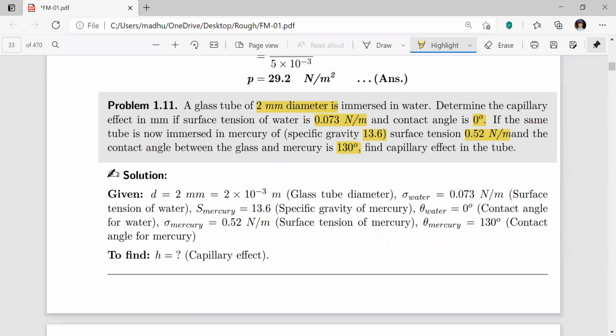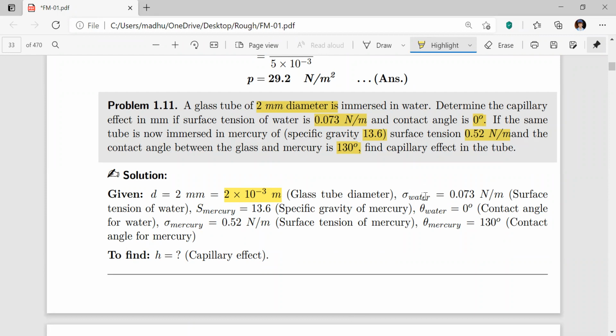The glass tube diameter is 2 into 10 to the power of minus 3 meter. Because it is in millimeter, I have to convert it into the standard SI unit, meter. Therefore I have multiplied with 10 to the power of minus 3 meter.